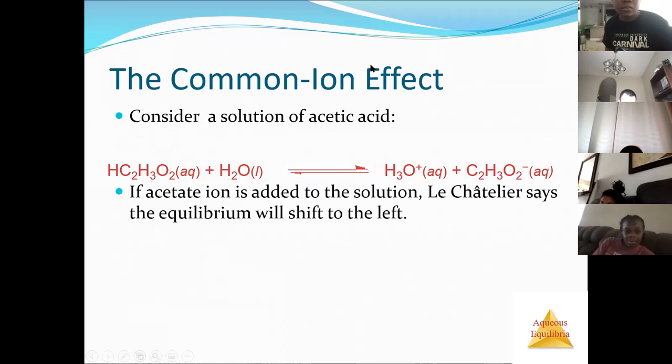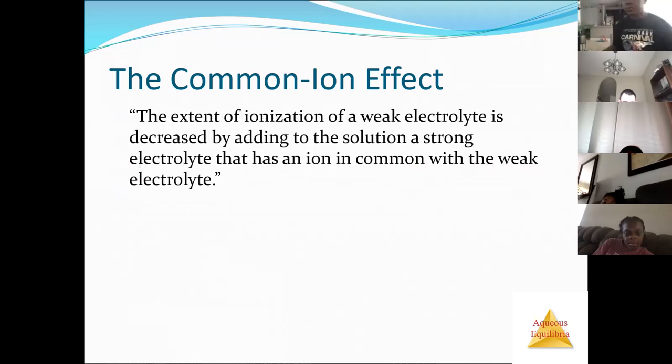If I add some C2H3O2- to this equation, doesn't it say I have too much acetate and it shifts left? Yes, absolutely it does. So I've got to look at how that common ion affects my equilibrium.